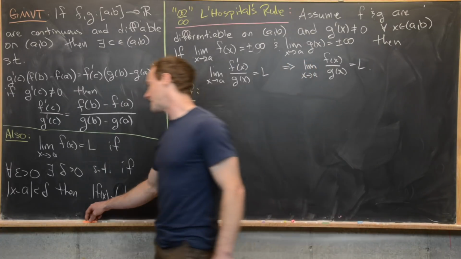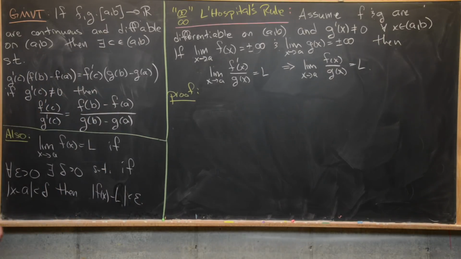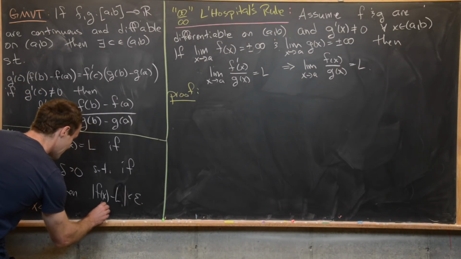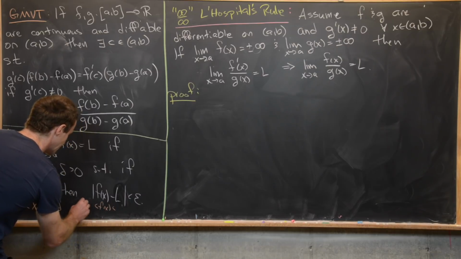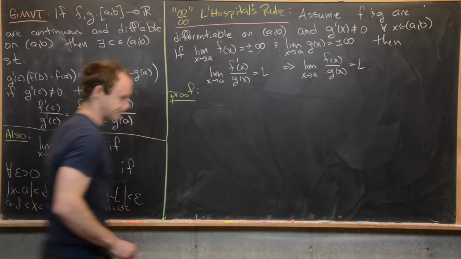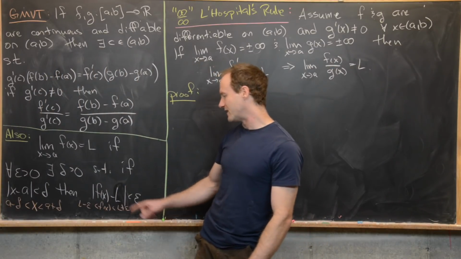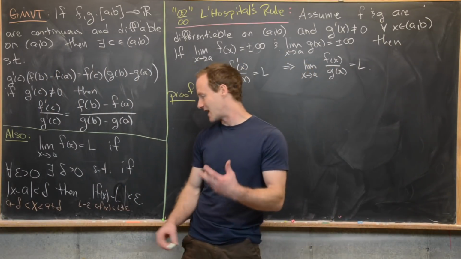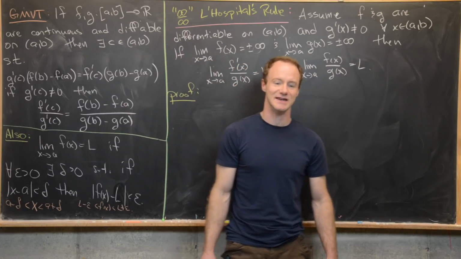And I want to point out that these absolute value inequalities are equivalent to the following compound inequalities. So here we have x is between a minus delta and a plus delta. And here we have f of x is between L minus epsilon and L plus epsilon. So we'll float between these absolute value inequalities and the compound inequalities as needed.